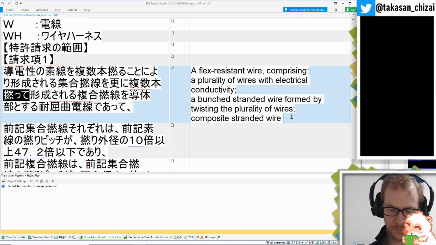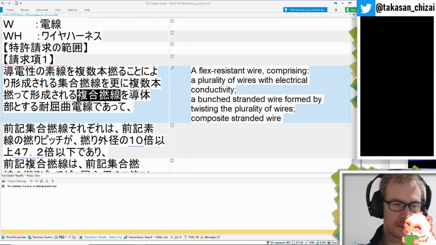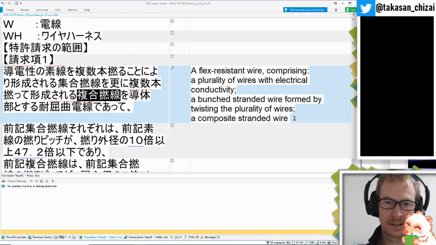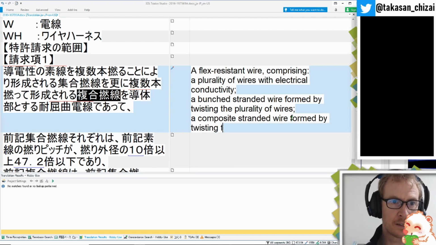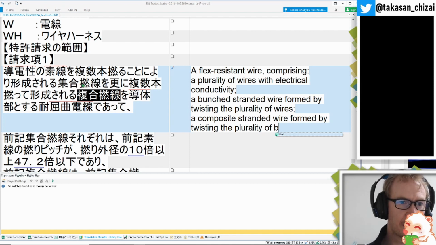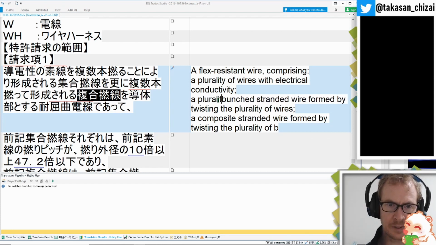Alright, there we go. Now it looks like this is just one, so it's a singular here. And it's formed by twisting the polarity of. Now here it's a polarity, so we have to come back here and say a polarity of.